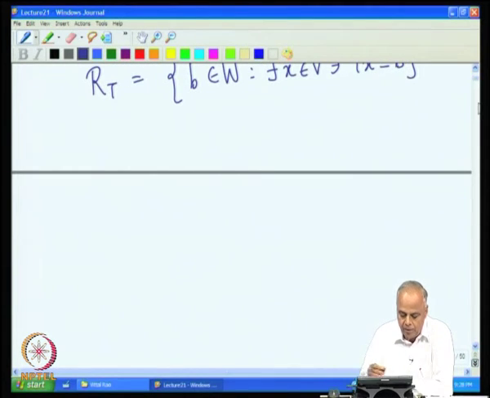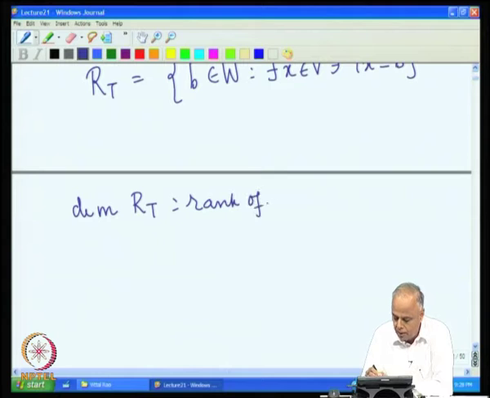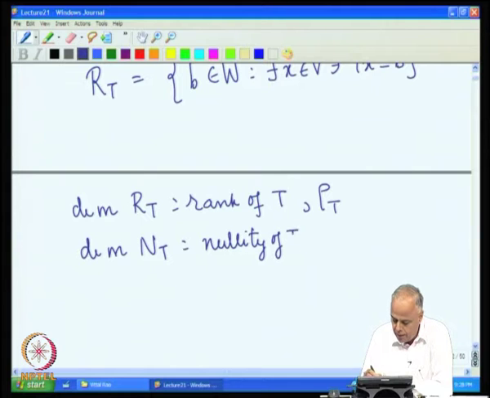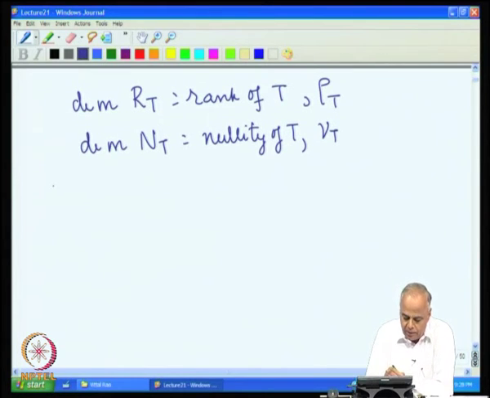We defined the dimension of the range of T as the rank of T and denoted it by rho T, and the dimension of the null space of T as the nullity of T and denoted it by nu T, and we had the fundamental theorem called the rank nullity theorem.